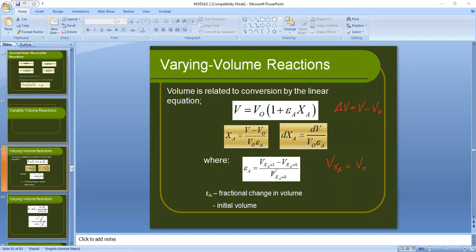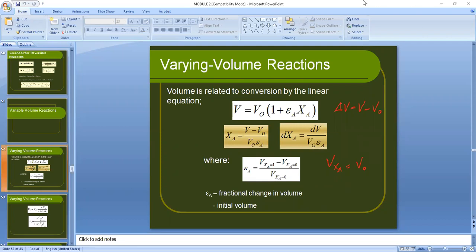But if your reactant is not 100% pure and you have some inerts with it, then you really have to go back to stoichiometry. That way you will know how much of the product will be produced given the percentage of the reactant present originally in your system.